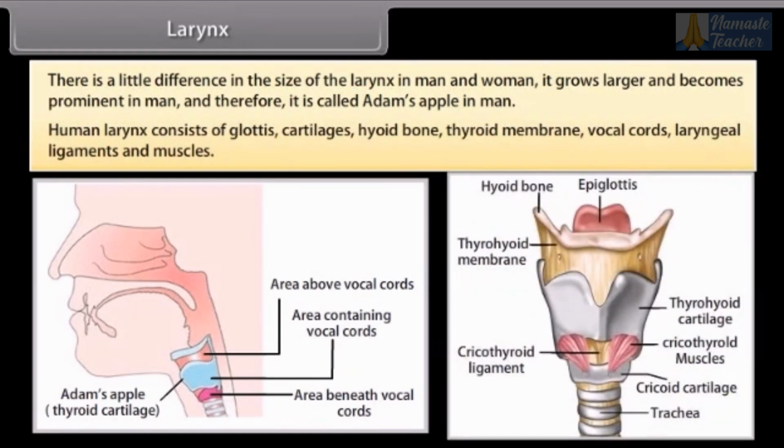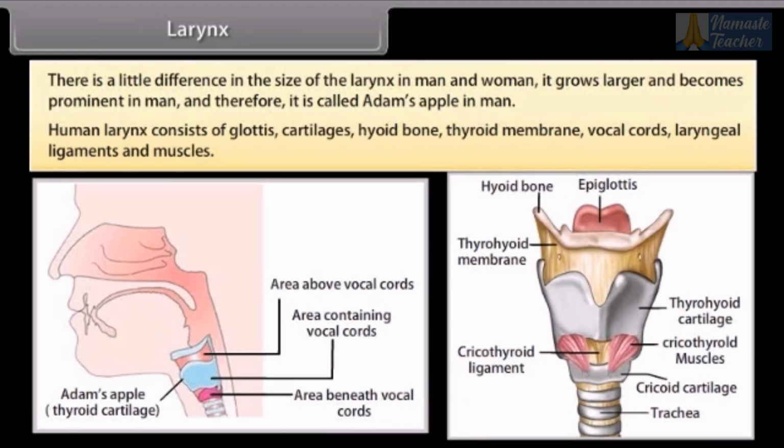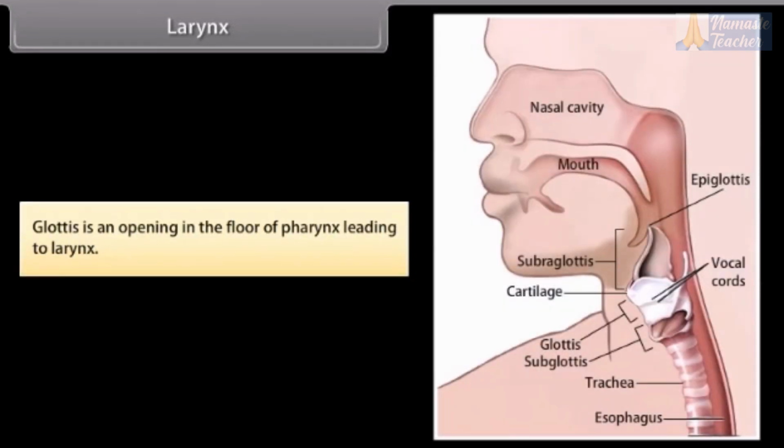Human larynx consists of glottis, cartilages, hyoid bone, thyroid membrane, vocal cords, laryngeal ligaments, and muscles. Glottis is an opening in the floor of pharynx leading to larynx.